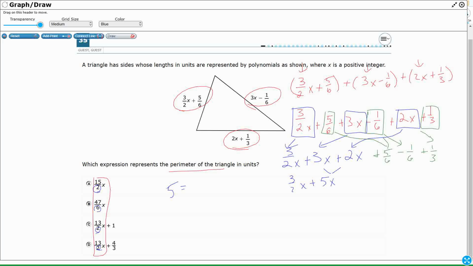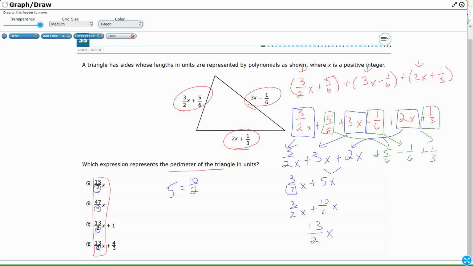Let's rewrite that 5 as 10 over 2, simply because my denominator is 2. And if I reimagine 5 as 10 over 2, now I can add 3 halves x plus 10 halves x, right? So that's going to get me 13 halves times x. So that's where my blues ended up.